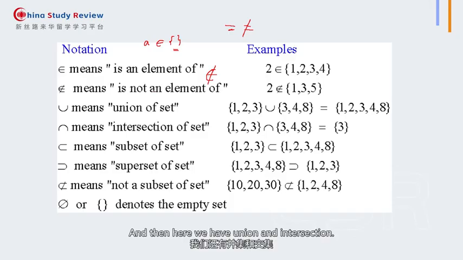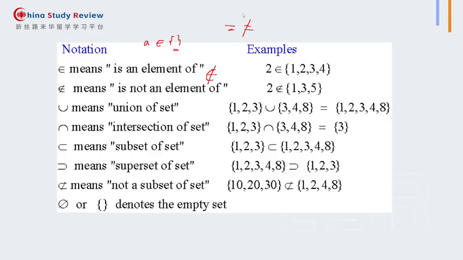And then here we have union and intersection. That is what I said I will talk about later. Here we only talk about the notation marks, how we write them, but in the future we're going to talk about their properties and applications.